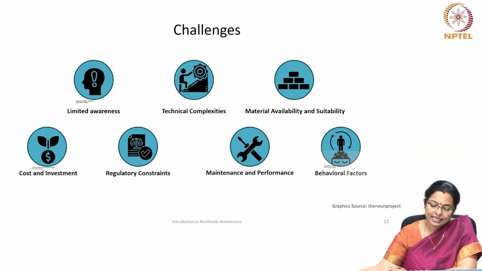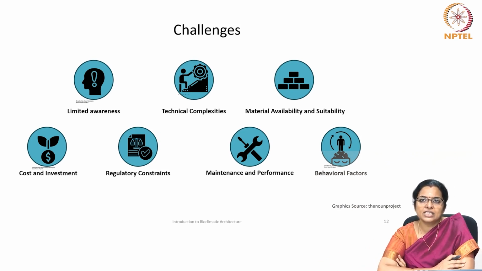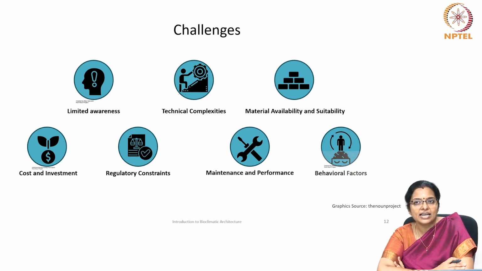The fourth is the technical complexities. Now, bioclimatic architecture involves complex considerations such as climate analysis, passive design strategies, and integration of renewable energy systems. Designers and architects may face technical challenges in optimizing these strategies for different climate zones and building types.